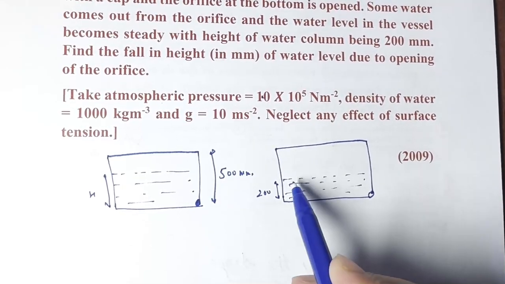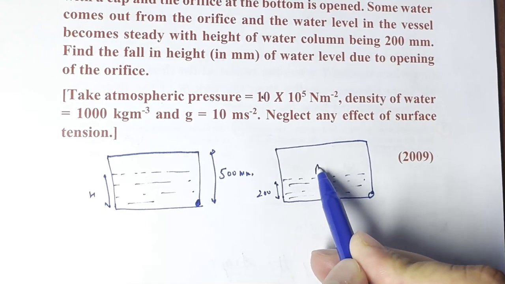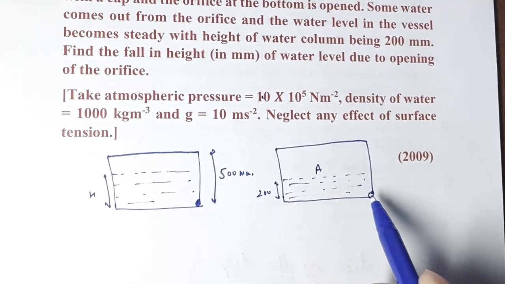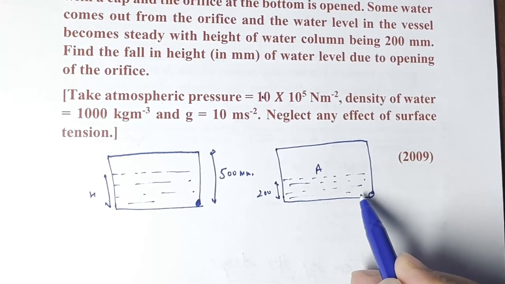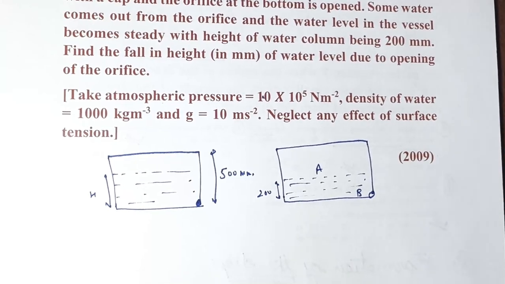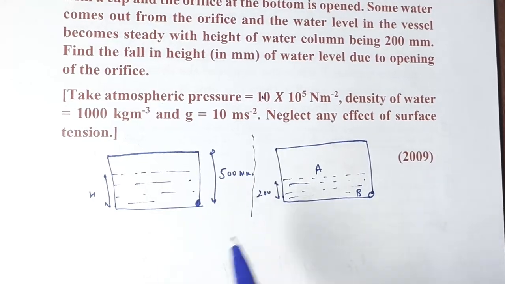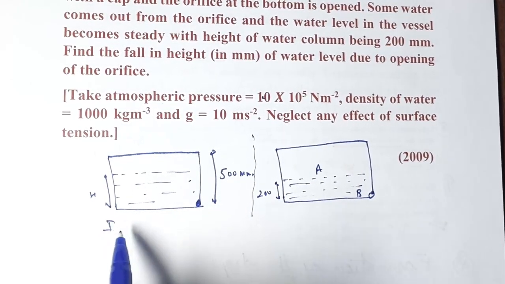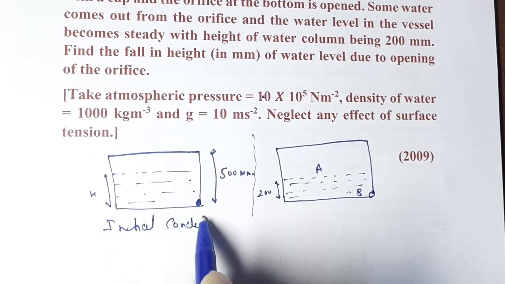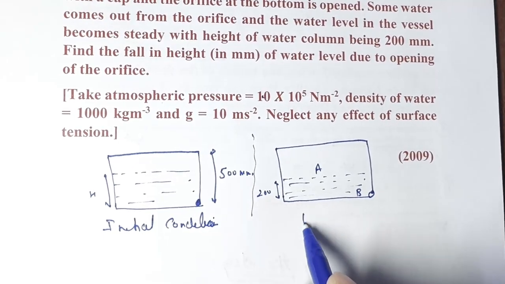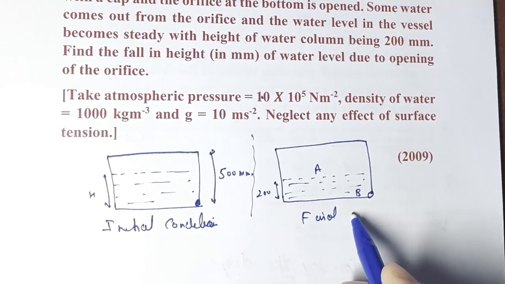So let us call this top position A, and the lower part, the orifice, position B. Okay. So this is our initial condition, and this is our final condition.